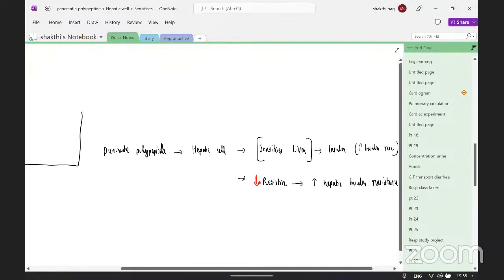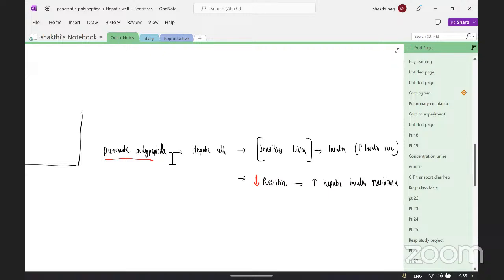Pancreatic polypeptide acts in two ways. One, it sensitizes your liver for the activity of insulin. Two, it acts on resistin and inhibits resistin. What does resistin normally do? It increases hepatic insulin resistance.